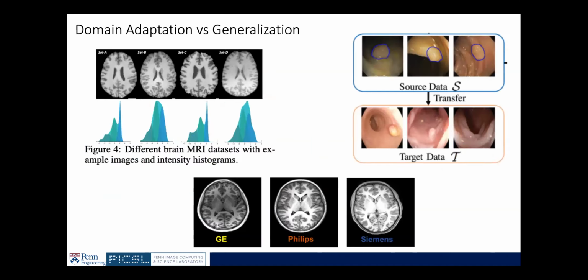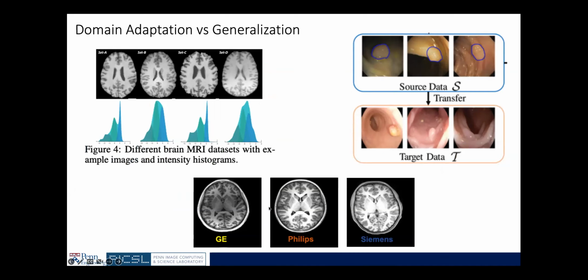So in terms of medical images, again, data comes from many different distributions. So over here, you can see, let's say I'm interested in segmenting this brain, but the data comes from 3 different scanners: GE, Philips, and Siemens.